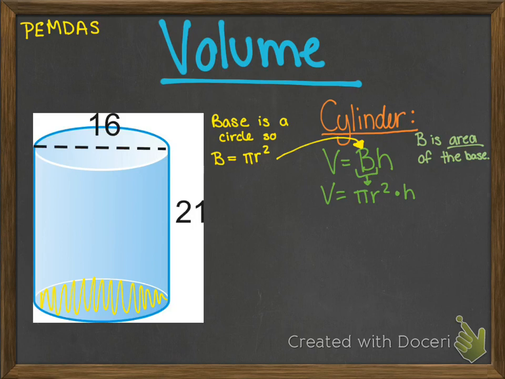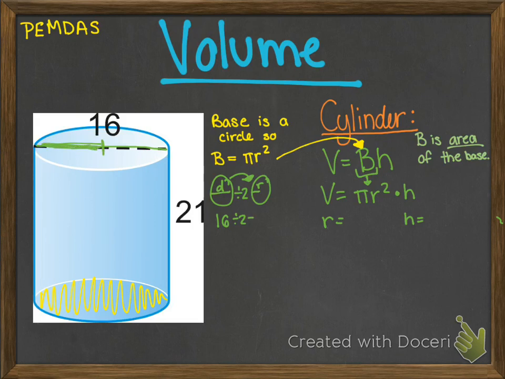Now what we're going to do is identify our radius and our height. So remember, since we're looking for the radius, that's going to be on the circle part. And with circles, you can either be given the diameter, which goes all the way across, or you can be given the radius, which goes halfway. If you're given the diameter, like we are in this case, which is 16, the number that goes all the way across that circle, you need to divide that number by 2 to get your radius, because the radius is only half.